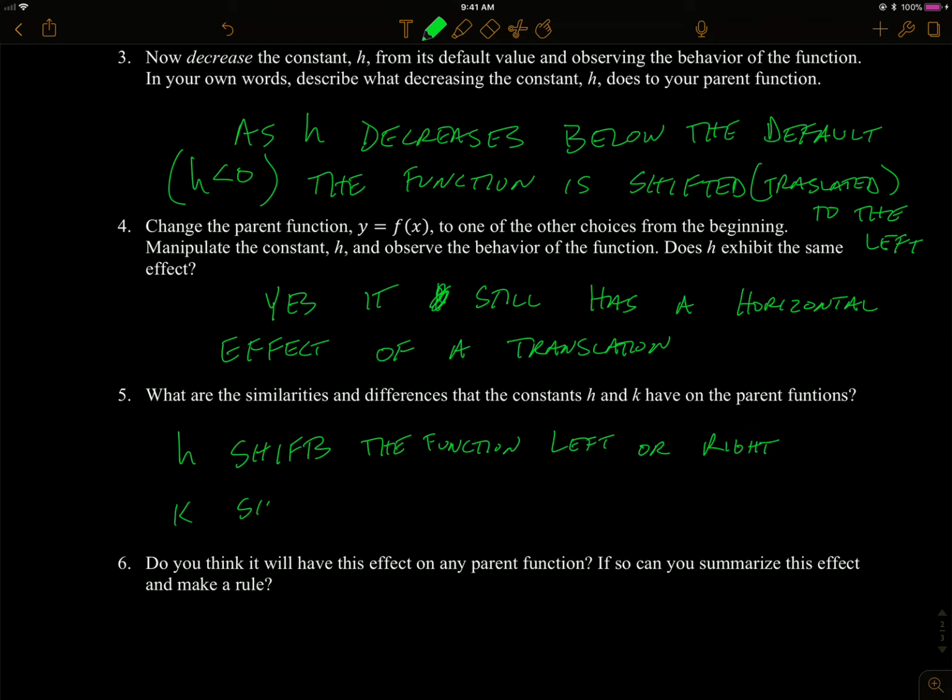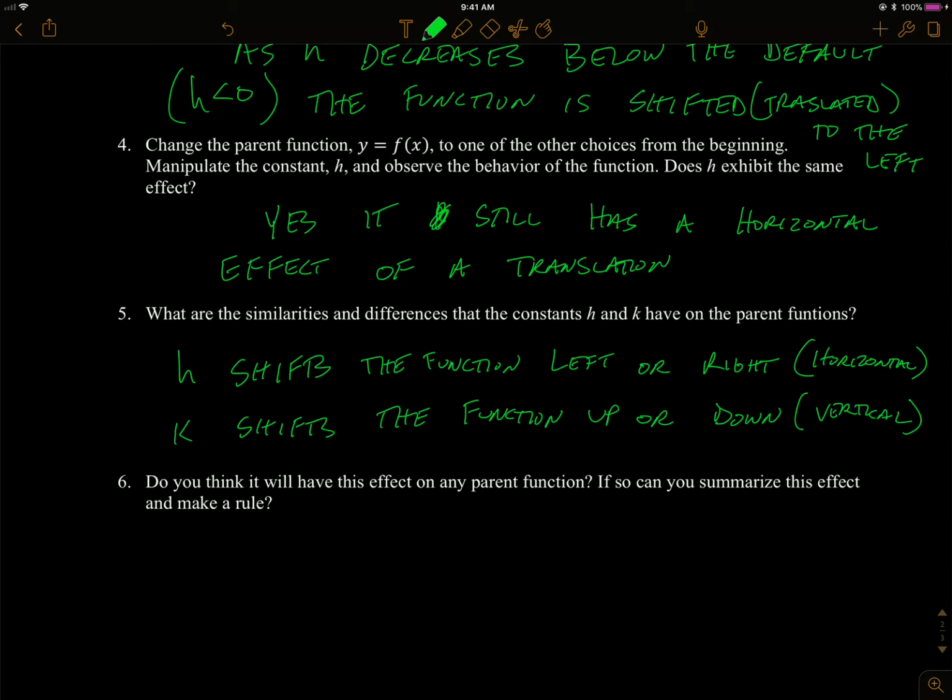K shifts the function up or down. So one has a horizontal effect and one has a vertical effect. That's the difference. The similarity is that they're both shifting. They're both translations.